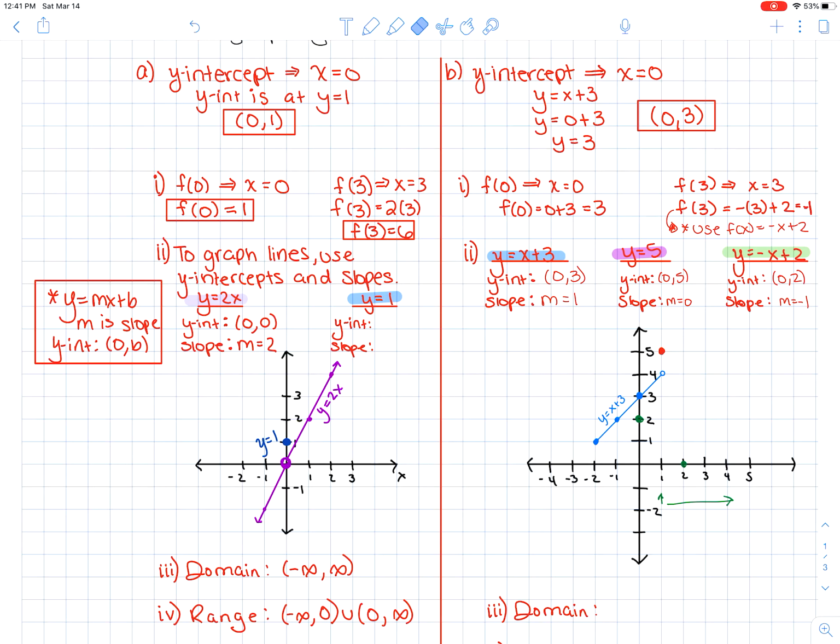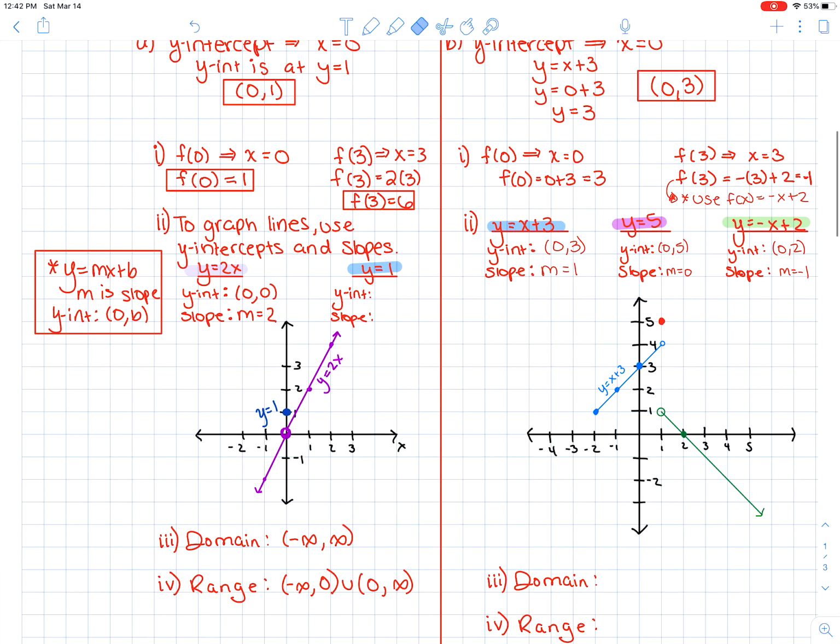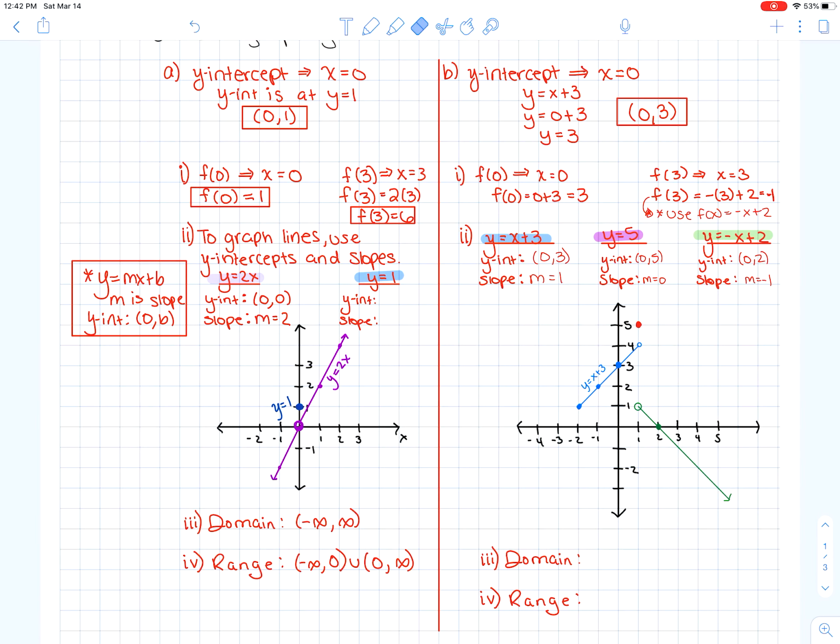So we actually have an open circle here. And then our line looks like so. Okay. And there you have it. There is our part B, or the graph of our part B.